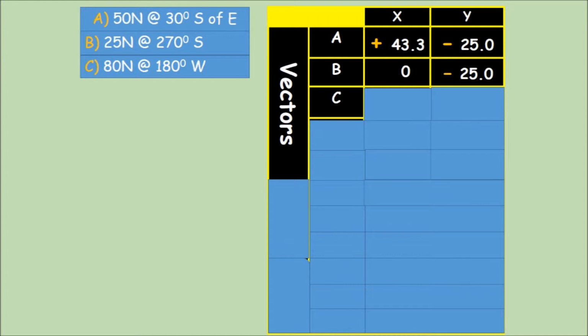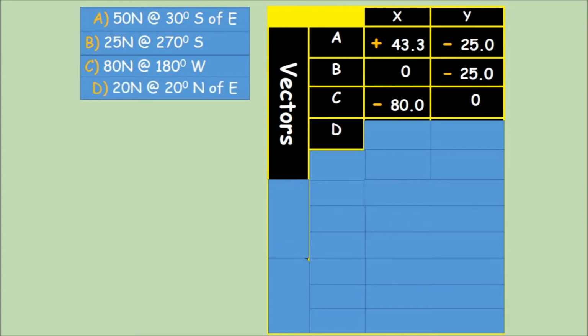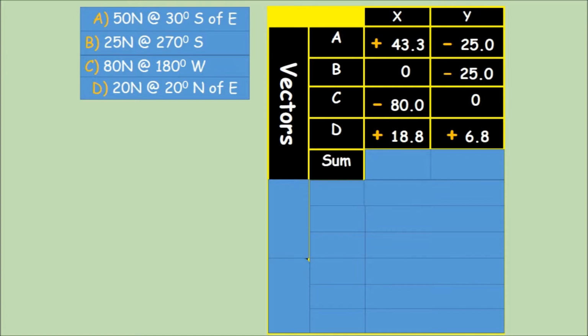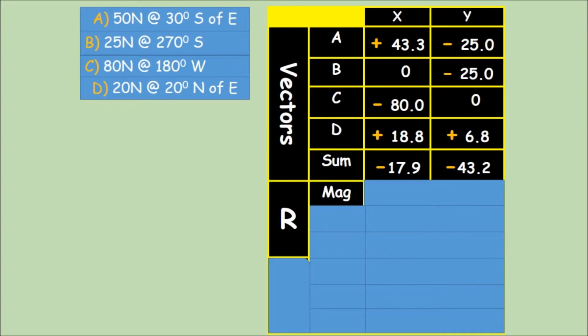So I've done A and B, now I've done C, and then D's coming up, and I'll do D, which would be trig now. What I'll do is I'll add them. The sum is going to be, for the X, negative 17.9, and for the Y, negative 43.2. That's obviously in the third quadrant.